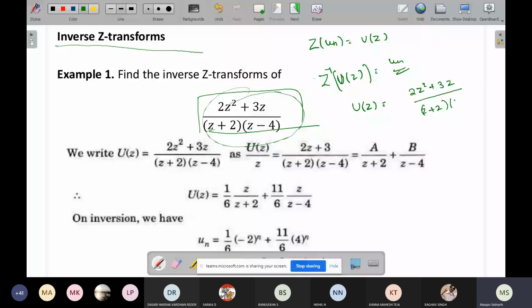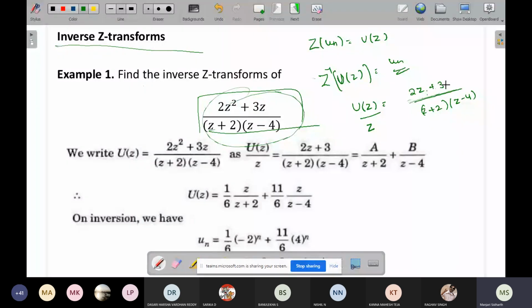The very first step that you have to follow, otherwise your answer will be wrong and you won't be able to solve, is to take Z common from the numerator. If you are taking Z common, then by cross multiplication take that Z in the denominator of U Z, so one power will reduce. Why are we doing this?